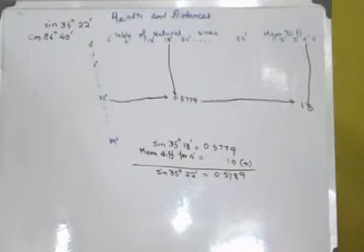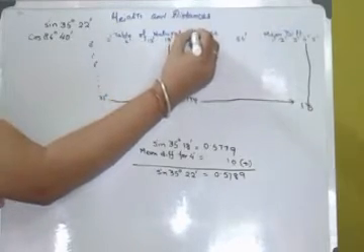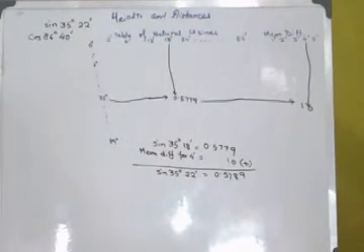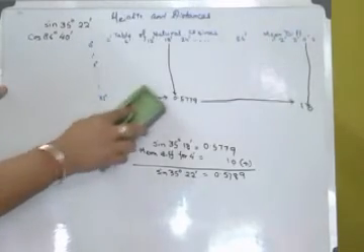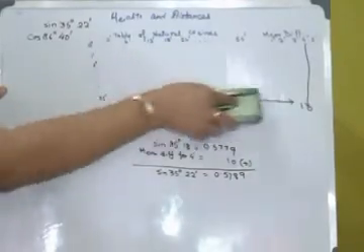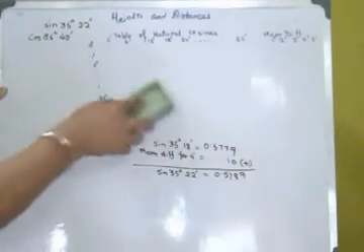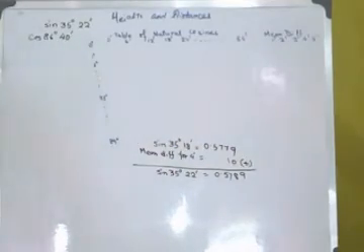Now this table was for natural sines. Now you check the table of natural cosines.